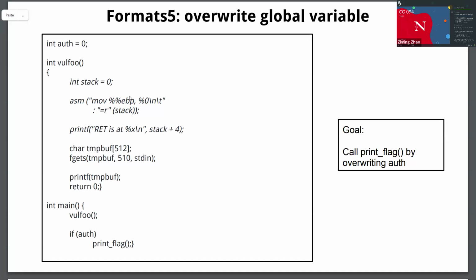That's a part to tell you where the return address is. There's a variable called stack that doesn't really do anything. I just use the address of that variable to get the address of the return address, then print it out.